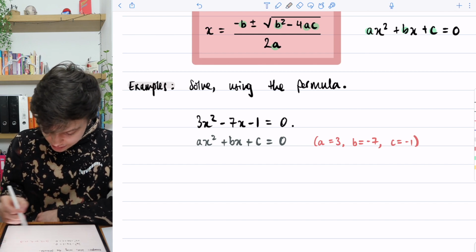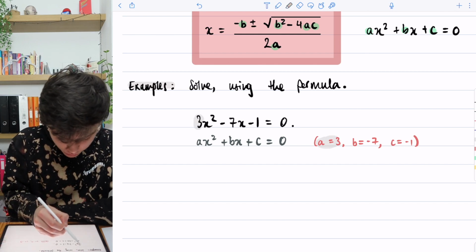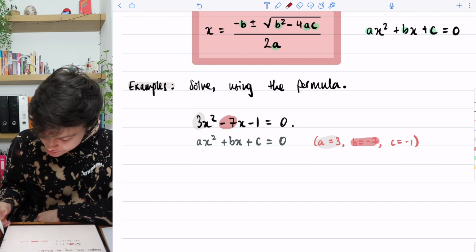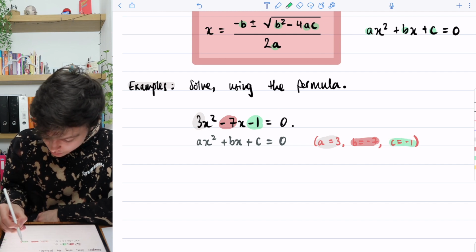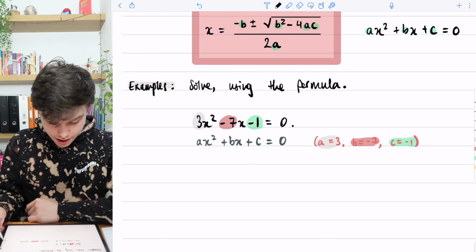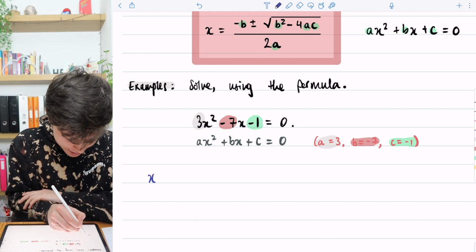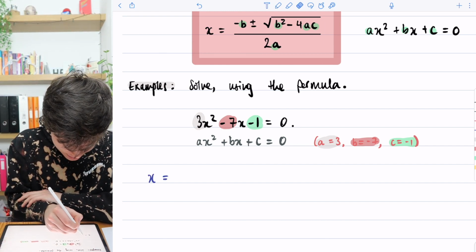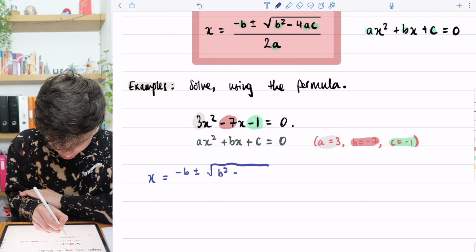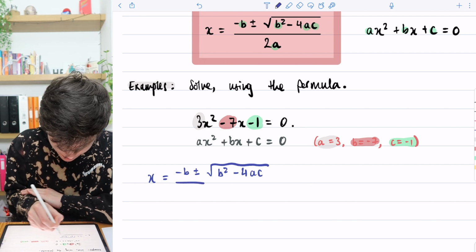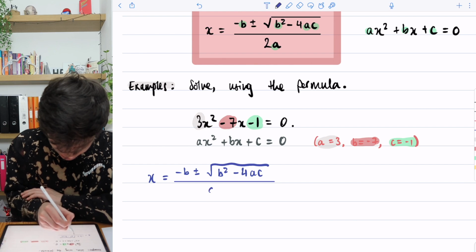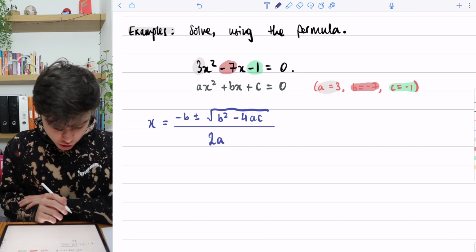And if I do some highlighting, there's A being equal to 3, there's B being equal to minus 7, and there's C being equal to minus 1. So what I'm going to do is just state the formula. So x is equal to negative b plus or minus the square root of b squared minus 4ac, all over 2a. And then I'm just going to substitute in.